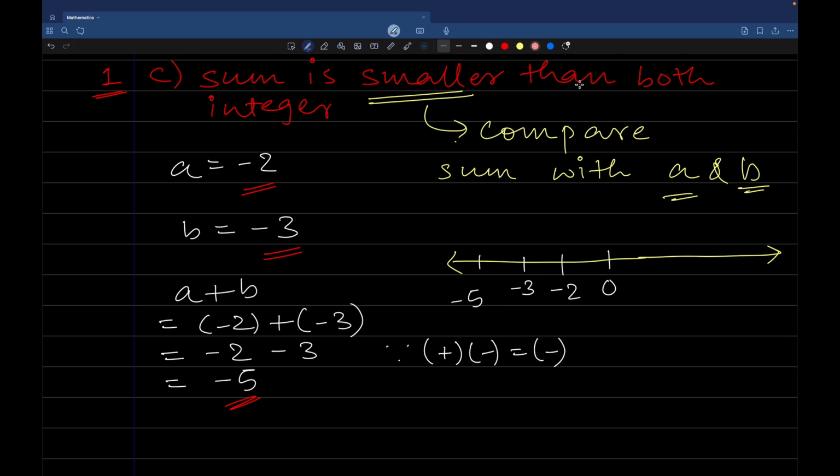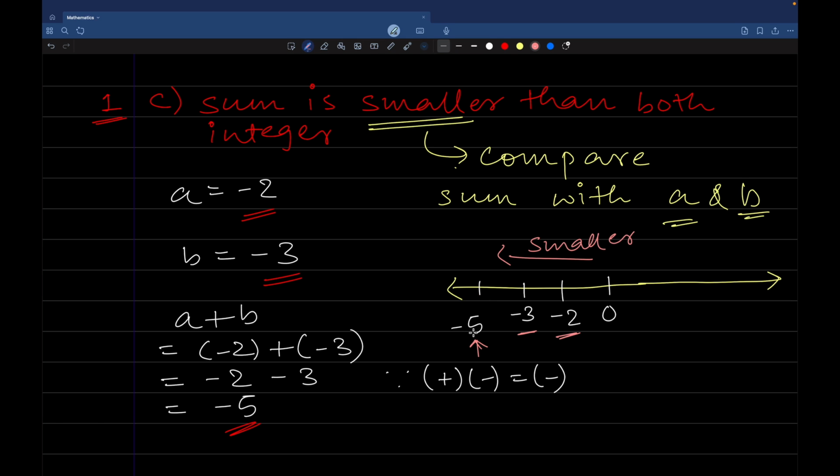When we go on the left side, we get smaller and smaller numbers. So minus 5 is smaller than minus 3 and minus 2, which is asked in the question, that the sum should be smaller than both the integers.